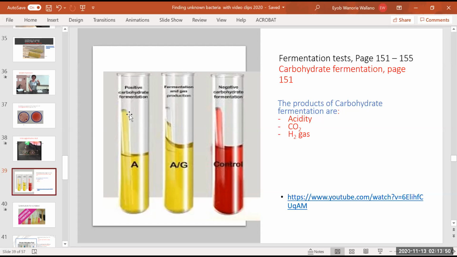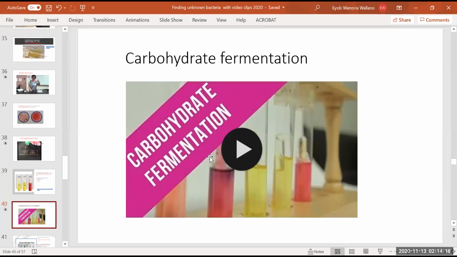In this one, it doesn't form a gas. Is it changing acidity? Yes, you see. So for this reason, it is an early stage. When it stays longer, it is going to show you a meniscus also. So for your understanding, the fermentation process is going to give you carbon dioxide, acidity change, and hydrogen gas. Here it is going to explain some more.